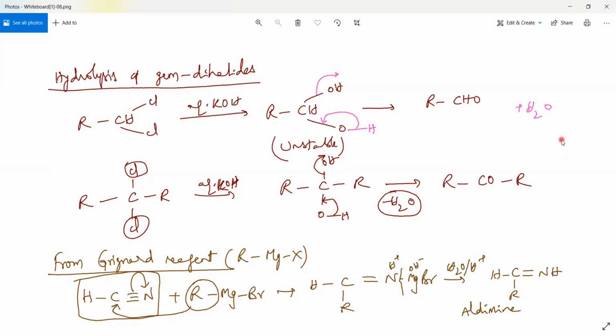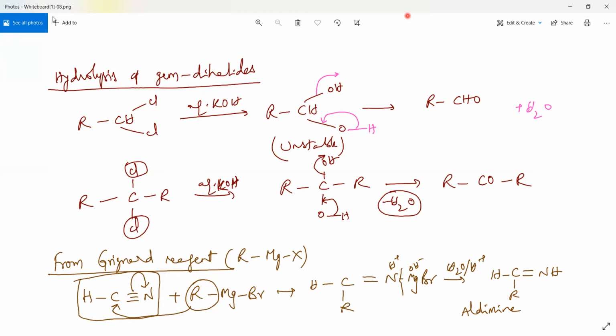Then hydrolysis of gem dihalides. What are gem dihalides? Halogens attached to the same carbon are called gem dihalides. Then Grignard reagent. By using Grignard reagent, it will undergo nucleophilic addition reaction.